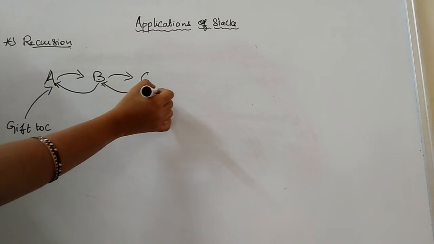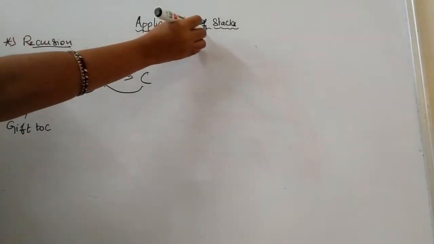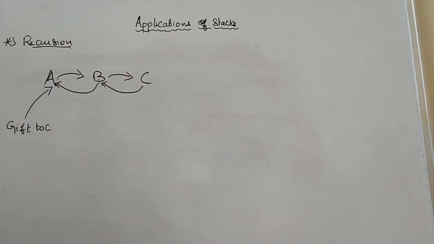These intermediate addresses get stored in stacks, that's all.